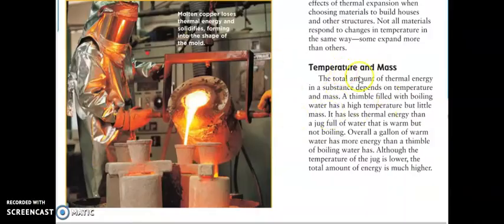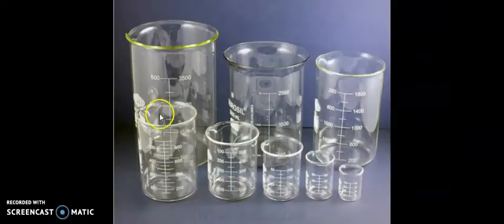Okay, guys, let's talk about the relation between temperature and mass right now. After we studied the relation between temperature and volume, where when the temperature increases, the volume increases, now we want to study the relation between temperature and mass. For example, we take beakers of different sizes.